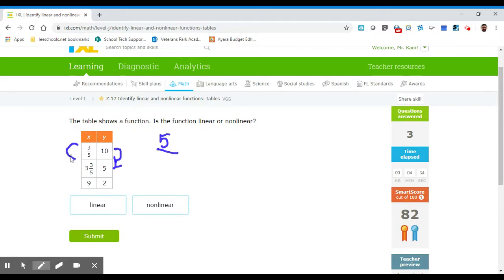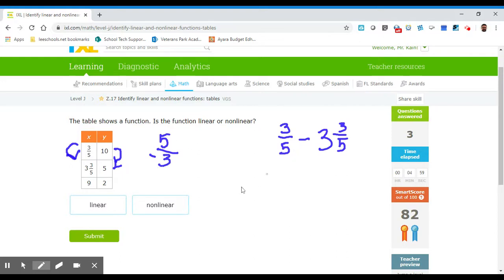And 3/5 minus 3 and 3/5. So 3/5 minus 3 and 3/5 is really, if you take the 3/5 away, you're going to have negative 3. So this would be 5 over negative 3.